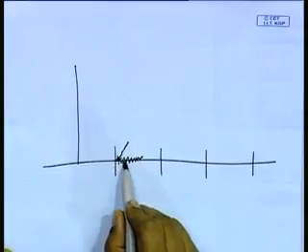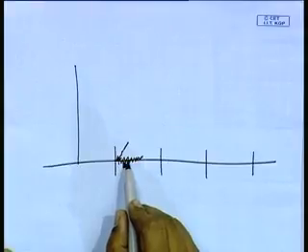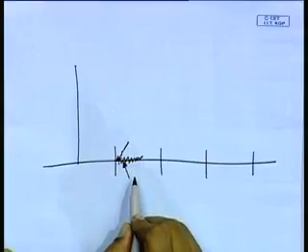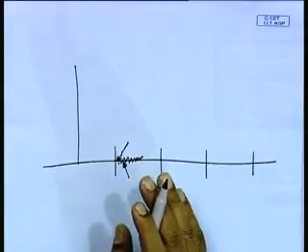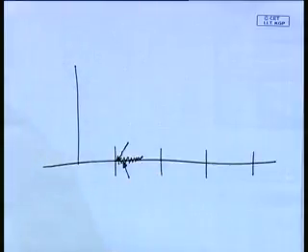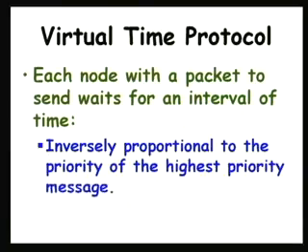So, the period for which a node waits before it tries to transmit is inversely proportional to the highest priority message that can be there at that node. So, each node with a packet to send waits for an interval of time which is inversely proportional to the priority of the highest priority message.